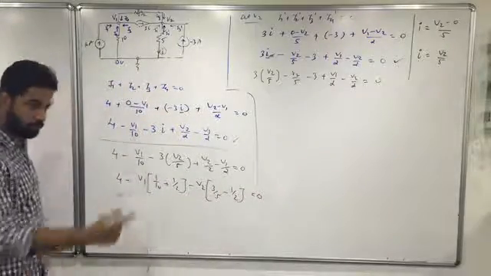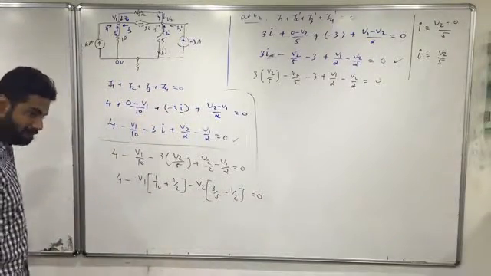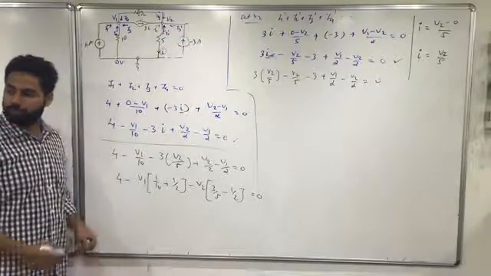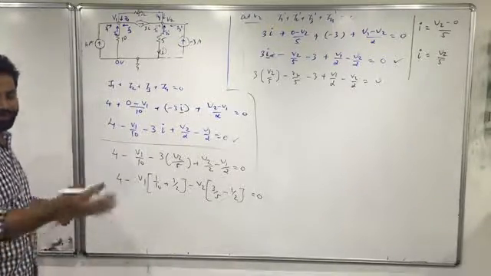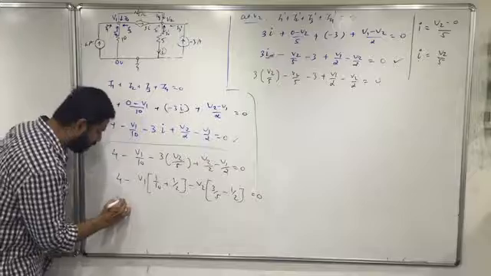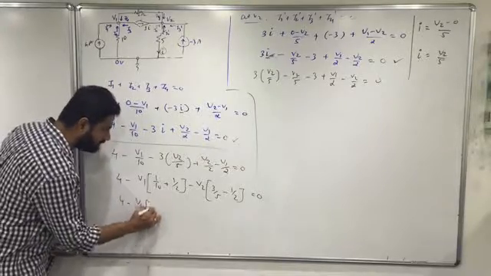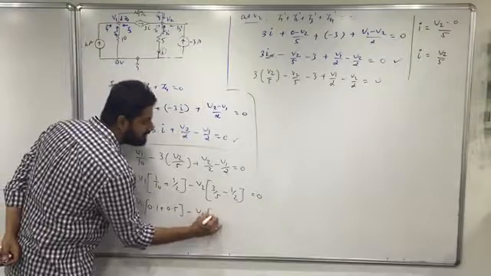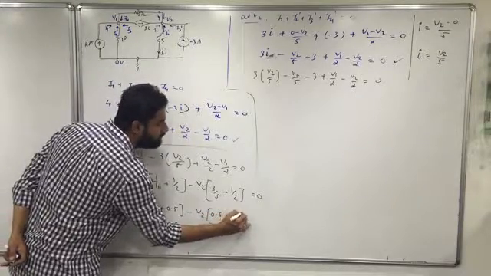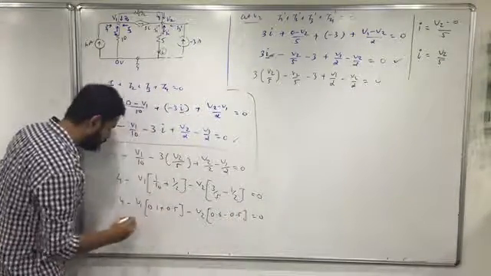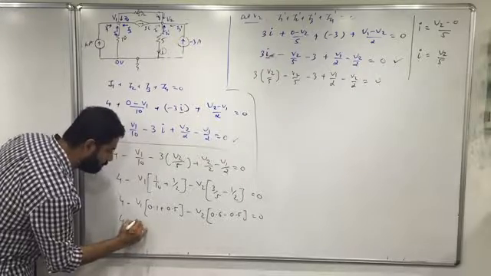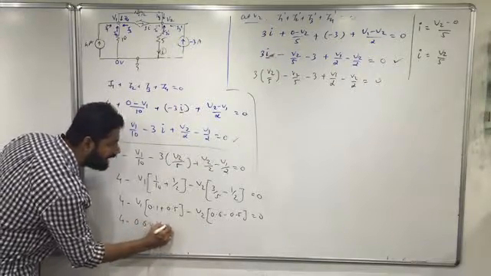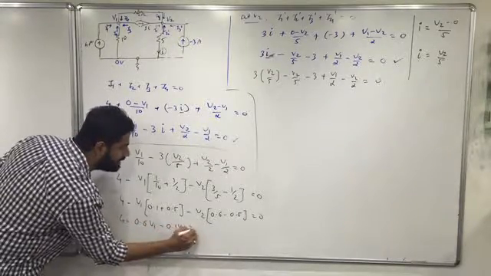Fine. Anyone is having a calculator? Fine. Good. So we have 4 minus V1, this is 0.1 plus 0.5, minus V2, this comes out to be 0.6 minus 0.5, which is equal to 0. So we can say 4 minus 0.6 V1 minus 0.1 V2 is equal to 0.